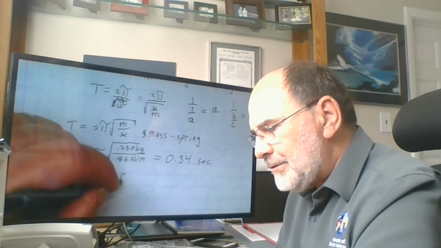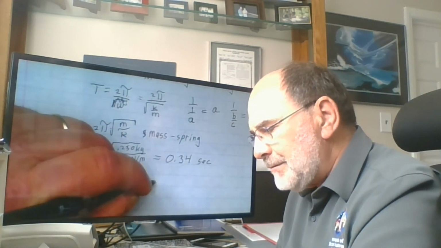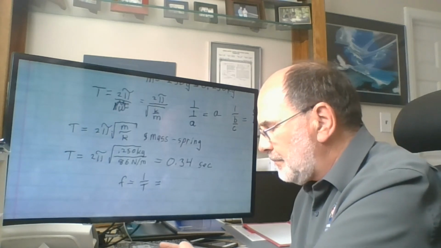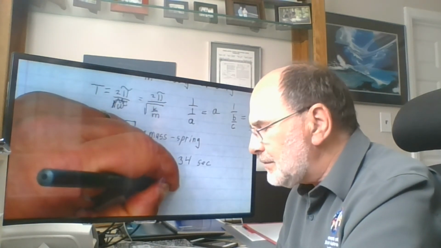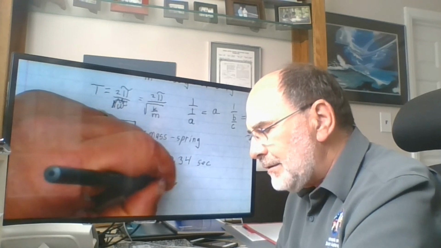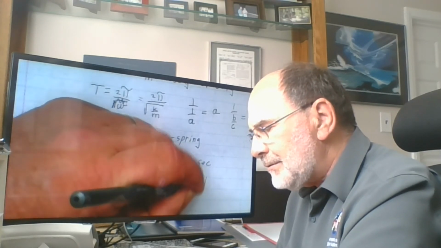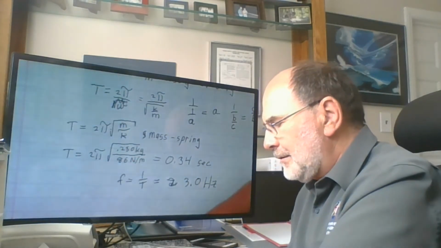And the frequency being the reciprocal of that means a frequency is, call it, 3.0 cycles per second.